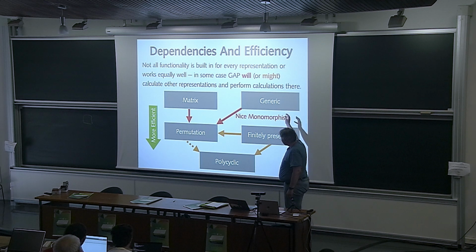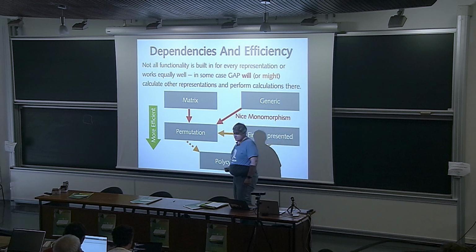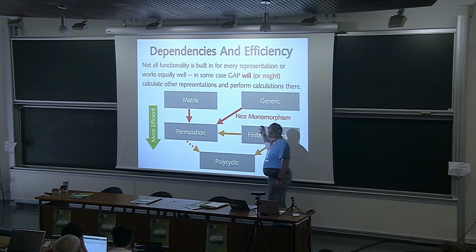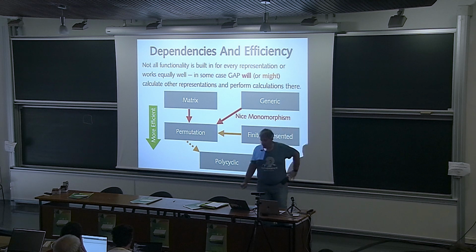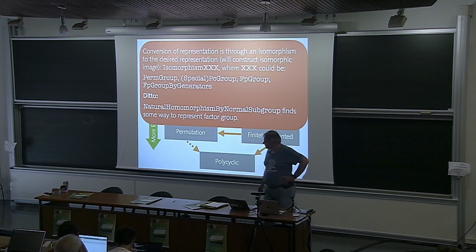So GAP might, or in some cases automatically will, internally use a different representation to work with groups, to actually work in another representation, and one can force this.